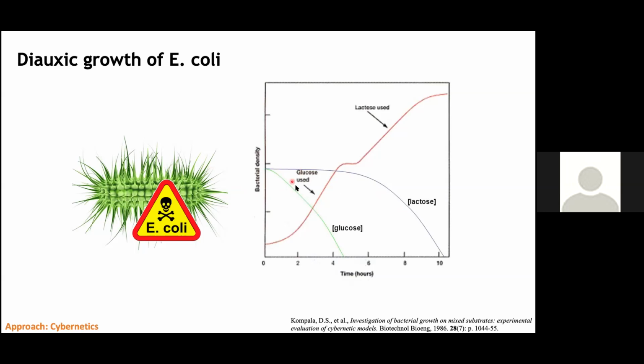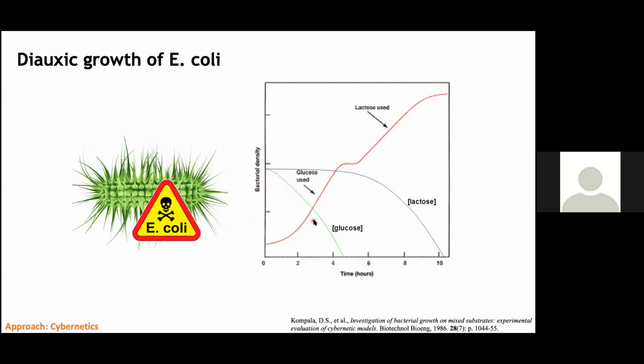The plot here shows the green curve representing the concentration of glucose, the blue curve representing concentration of lactose, and the red representing the density of the bacteria in the system. As you can see, the glucose is first utilized, allowing the bacteria to grow, followed by utilization of lactose and leading to further growth.